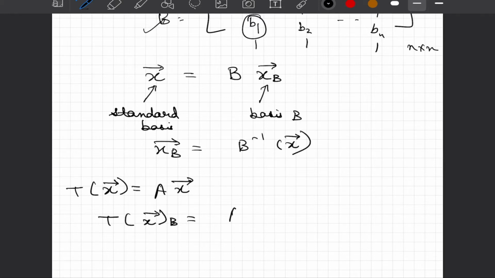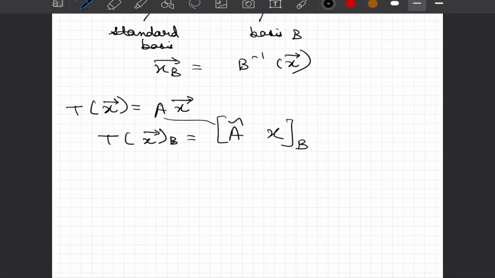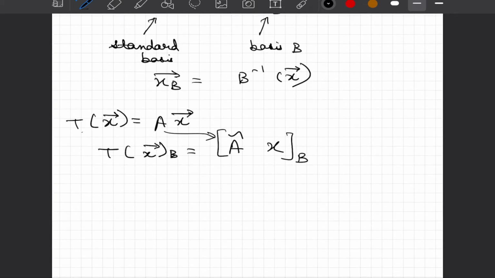T(x)B would be A tilde multiplied by xB, but all this transformation is happening with respect to basis B, and again we are looking for the relation between A and A tilde. As I said, we can always go back and forth between the x vector and the xB vector. That also means we can go back and forth between Tx and TxB, which would again be the same.